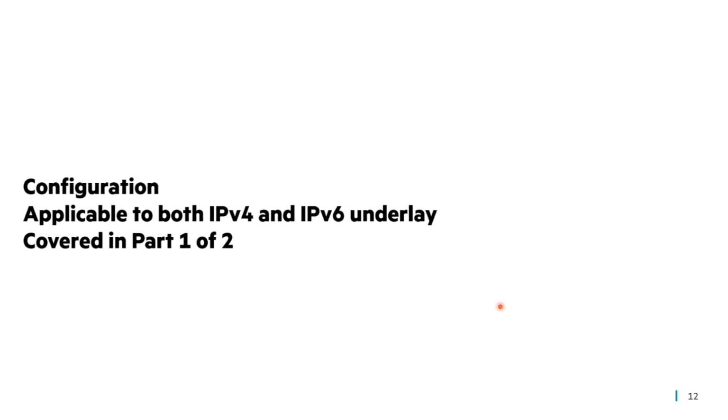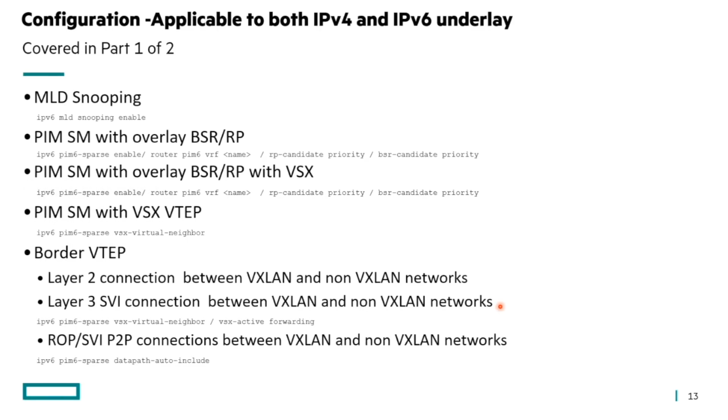I covered all of this in part 1 of 2 last session. So just for quick reference, and to call it out, for the overlay, we enable MLD snooping under the VLAN context.